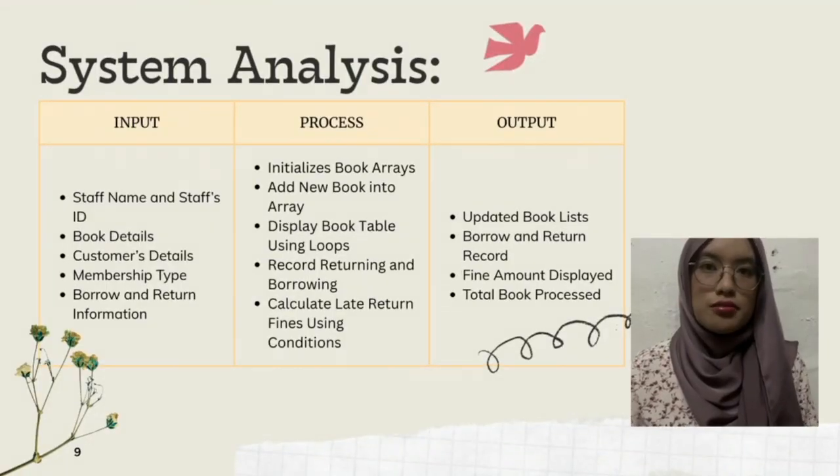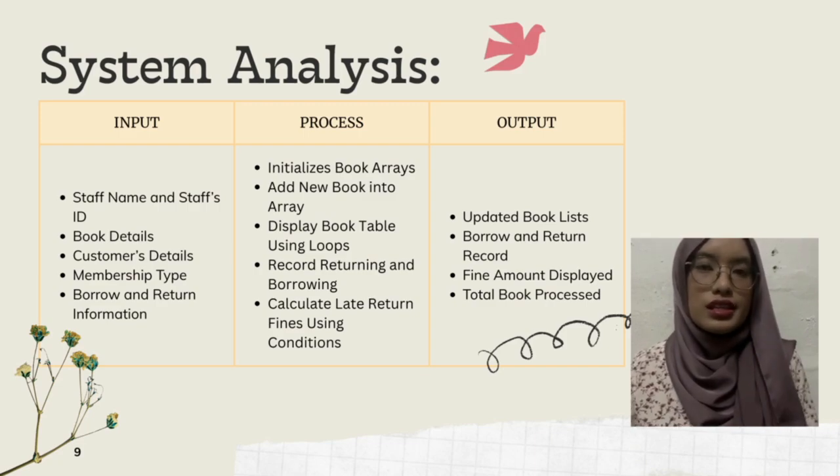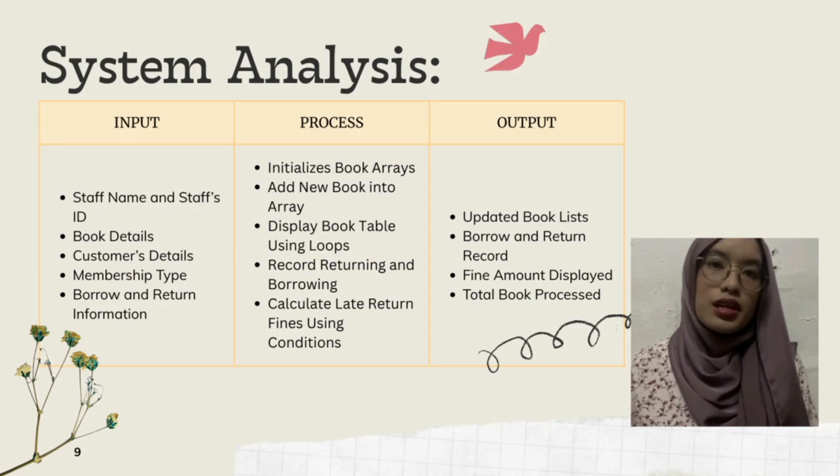Next, for the system analysis, firstly, for the input, the system required staff name, staff ID, book details, customer details, membership type, as well as borrowing and returning information. Next, for the process, the system will initialize the book array and allow new book to be added into the array.